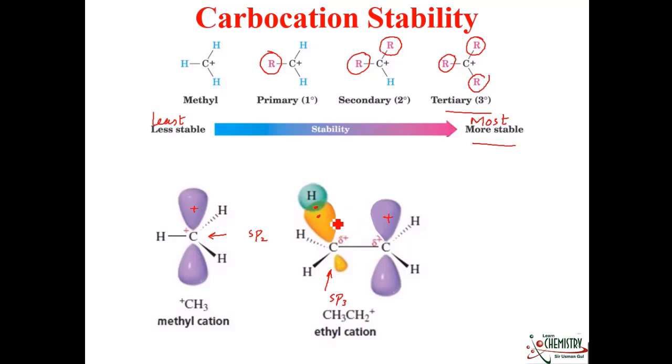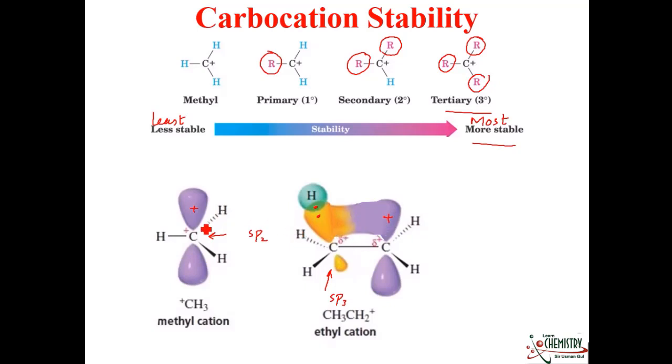As you know, there is attraction between an electron pair and a positive charge, and the electron pairs also repel each other. So maybe because of the attraction they will distribute. The positive charge will be delocalized between these two orbitals.